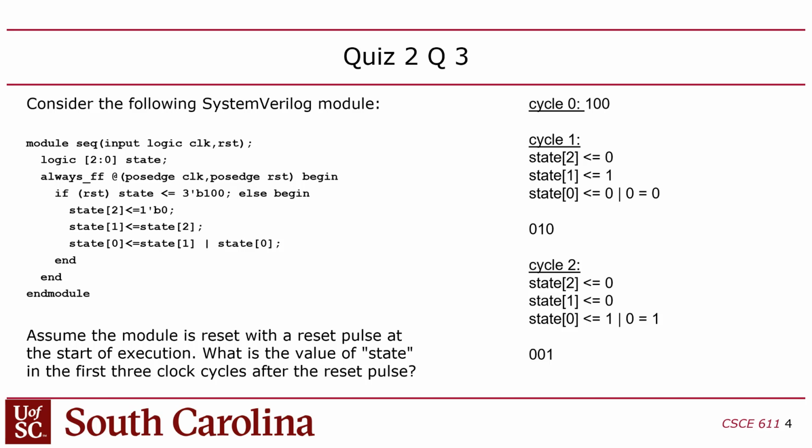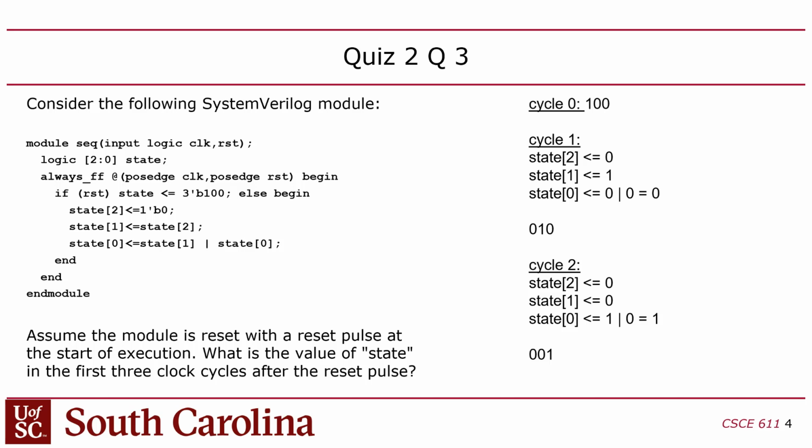So we start out at 1, 0, 0, then in the next cycle, state 2 is going to be 0. State 1 is going to be the old state 2. Now remember, state 2 is the most significant, so the leftmost bit. So state 1 is going to get 1. And then state 0 is the old state 1 or the old state 0. So 0 or 0 is 0, right?